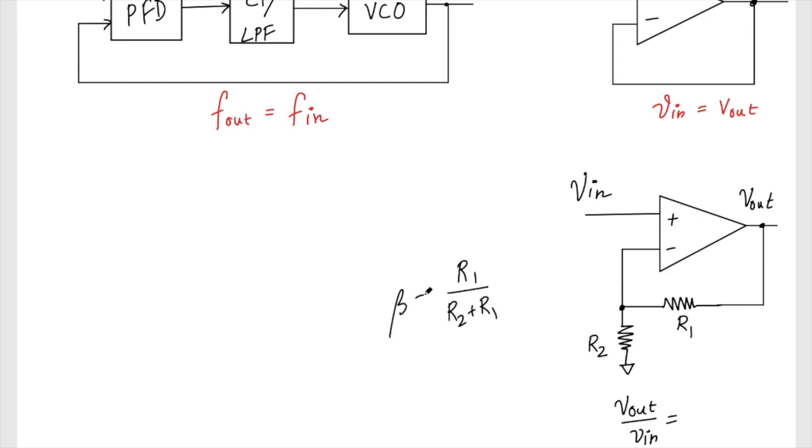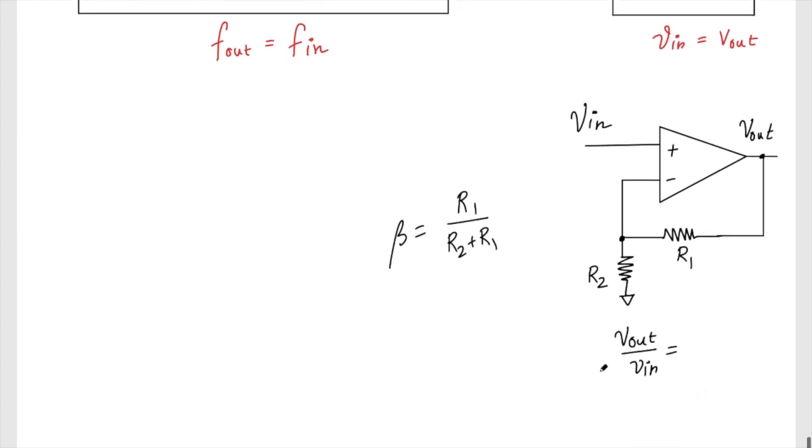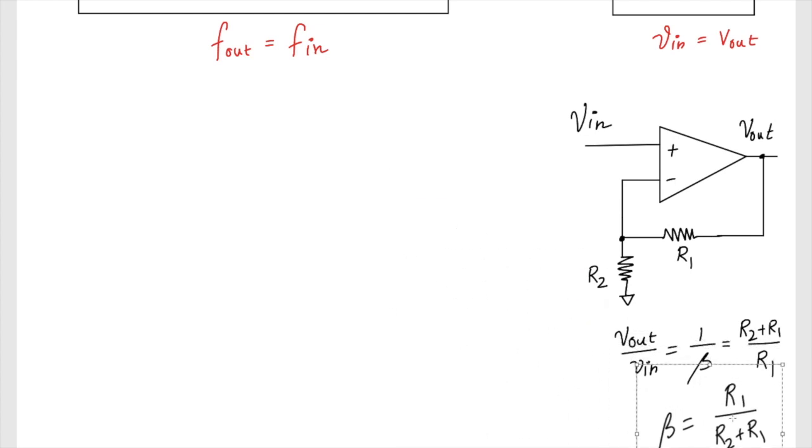This is beta, the feedback factor, and the gain is the inverse of beta, so 1 by beta is equal to R2 plus R1 by R1.